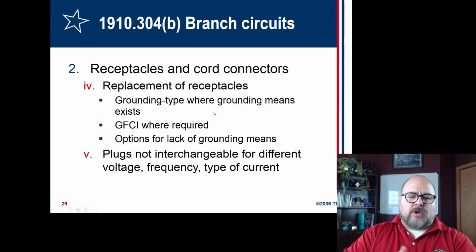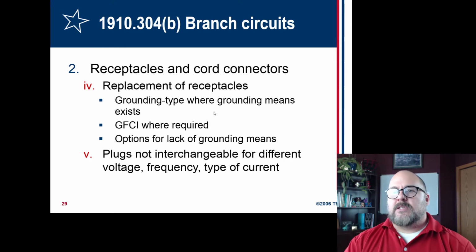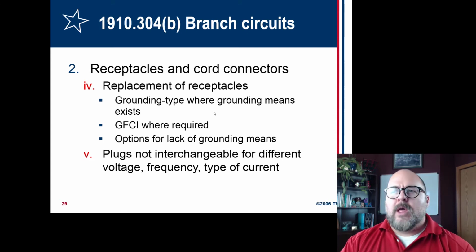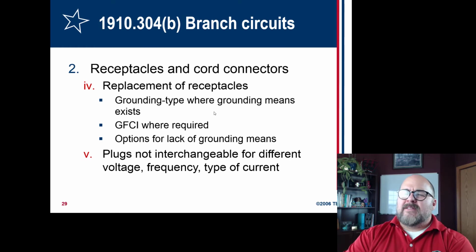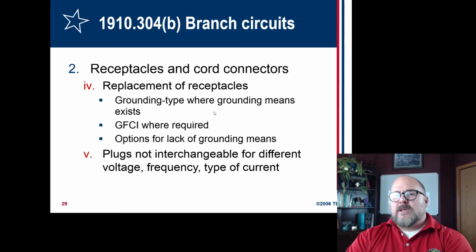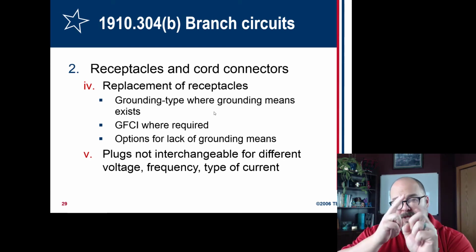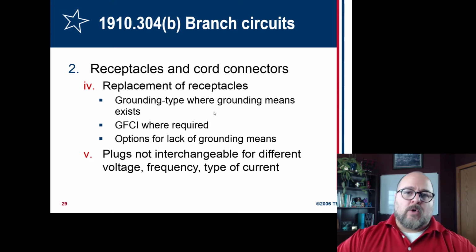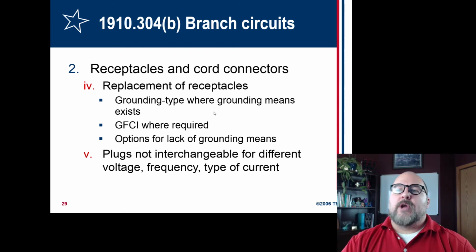Sometimes you need ground fault circuit interrupters. That is a component that detects a differential in the current flow. I believe it's really low, like a 5 milliamp difference. So it's alternating current, but if it finds that current is being delivered and not being used, which would be going through a person or through a ground, so it's a ground fault circuit, then it breaks the circuit.